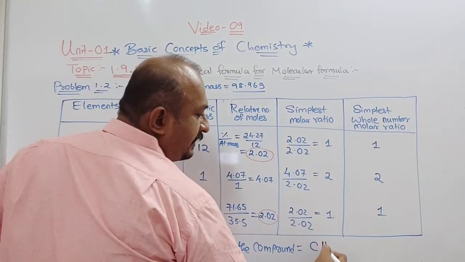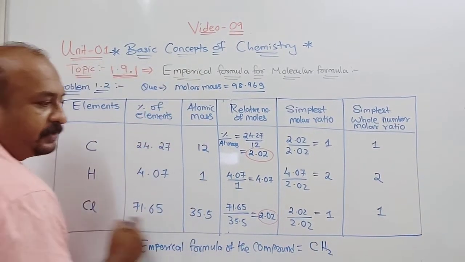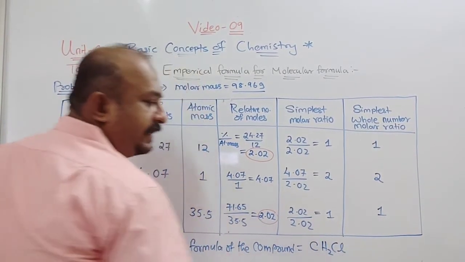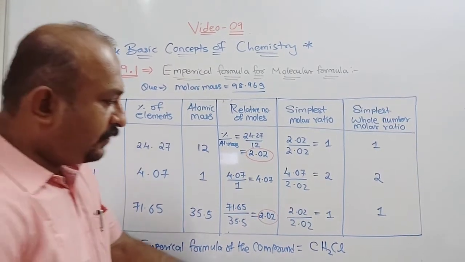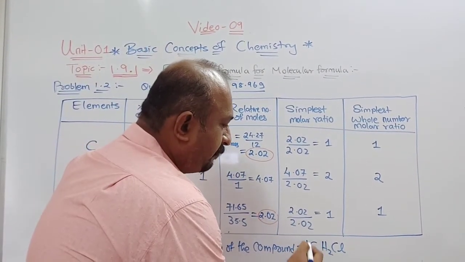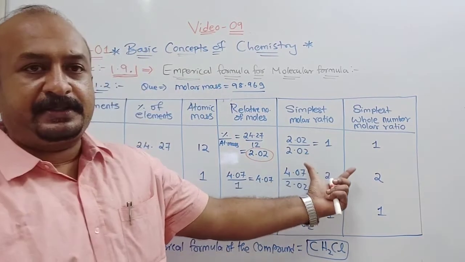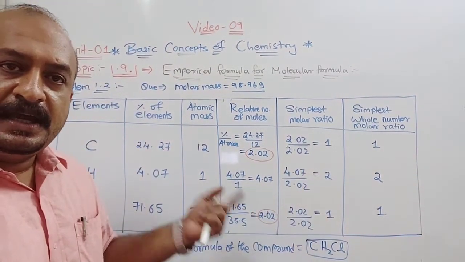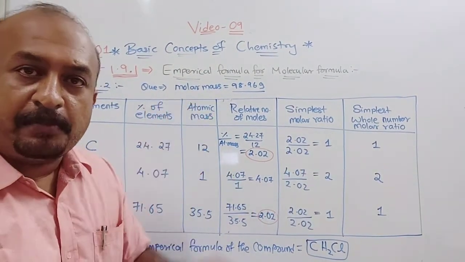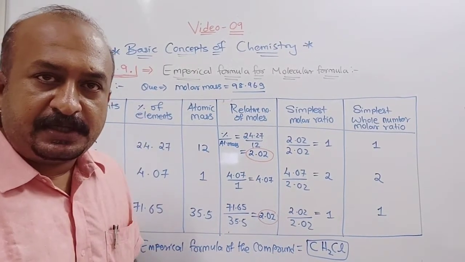Hydrogen is 2, so I will write H2, and chlorine, so I will write Cl. So we got the empirical formula by this method. This tabular method is easy, and this question can be asked for 4 marks. How many marks? 4 marks.